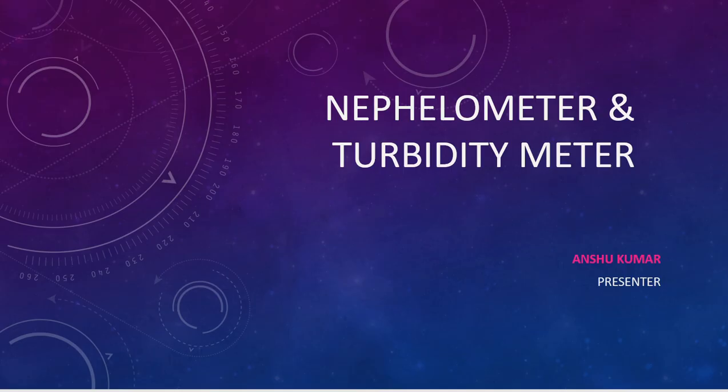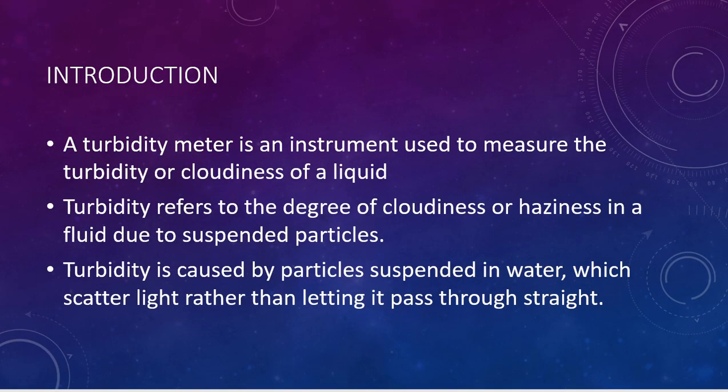So, a turbidity meter is a device used to measure the turbidity or cloudiness of a liquid. Turbidity refers to the suspended particles in the liquid. The suspended particles do not let the light pass straight through the sample.